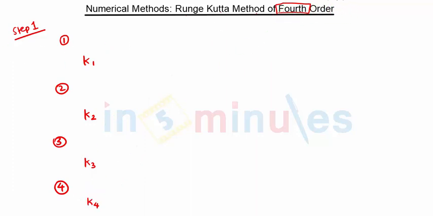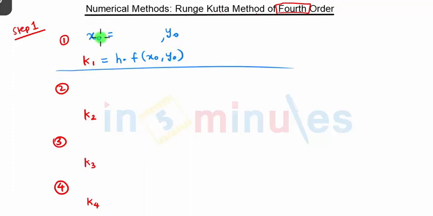So to start with, in first we will have the initial value of x and the initial value of y. From this we will calculate k1, and k1 will be h into f of x0 comma y0. So here we have x0 and y0. Now x0 will become x0 plus h by 2 and y0 will become y0 plus k1 by 2, where k1 is this.